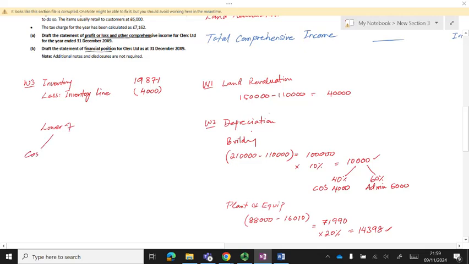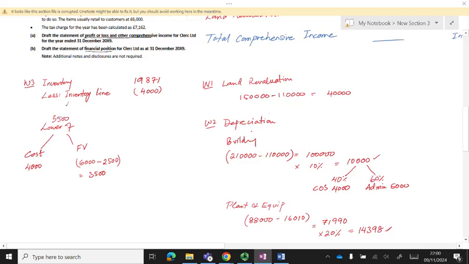The cost of the inventory is 4,000, and the fair value, CLERC can sell it for 6,000, but to sell it for 6,000 they have to spend 2,500 on it first. So take the lower of it, it's 3,500.